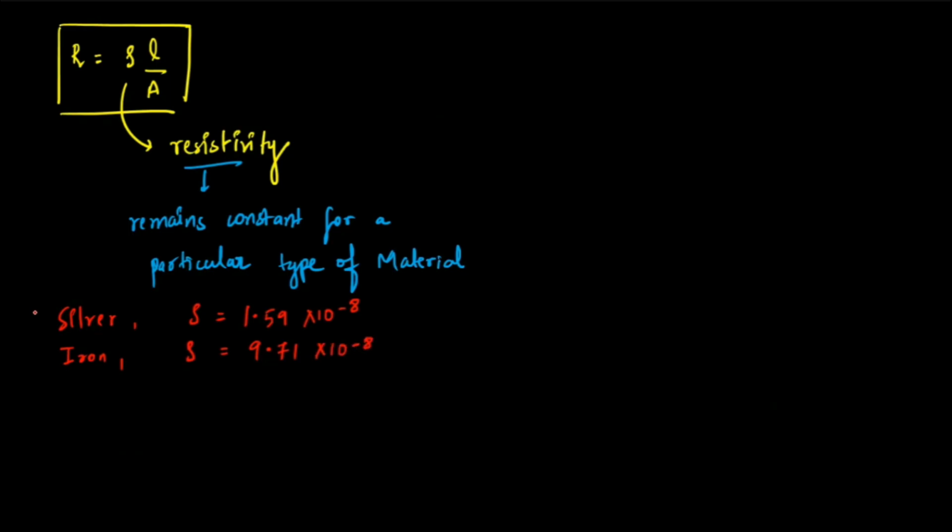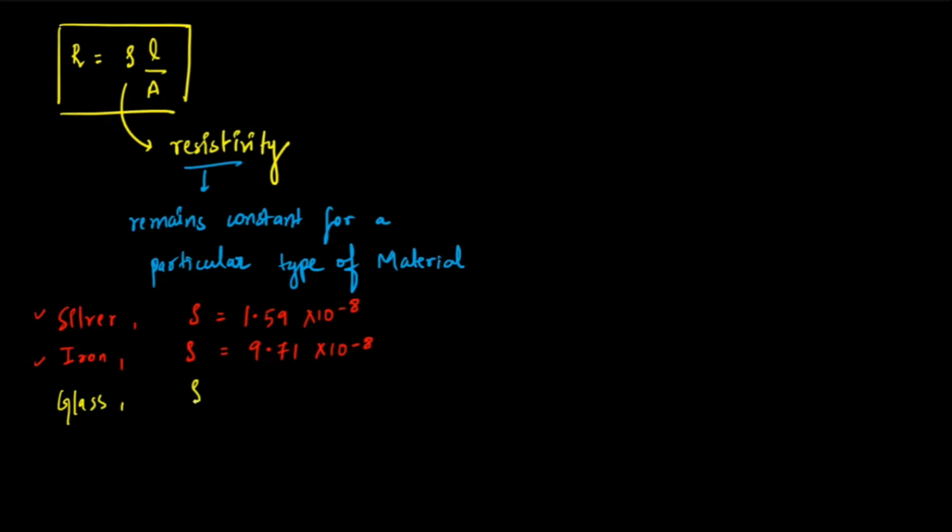As you can see, silver and iron are good conductors as they can conduct electricity quite easily. So the value of their resistivity is very small. As you can see, the power is 10 to the power minus 8, so it shows that the values are very small. Whereas if we talk about insulators, let me assume glass here.